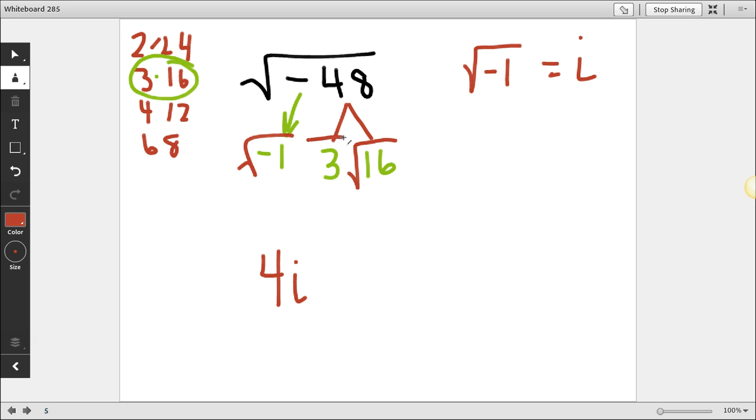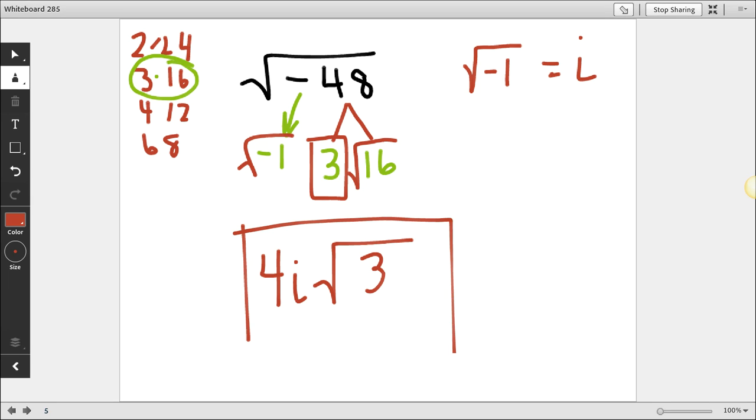And then the thing that doesn't have a perfect square root will remain in the radical. So there you go, that's what you've got to do. Break it down into perfect square factors, take the square root of the things that you can, move those out of the radical, and then leave in the radical what you can't take the square root of.